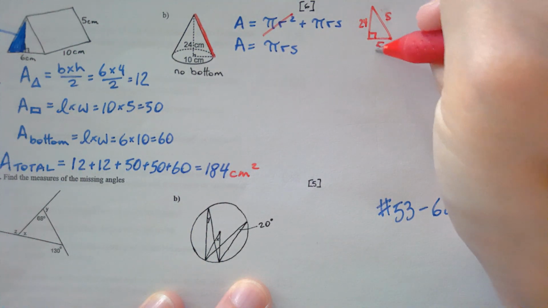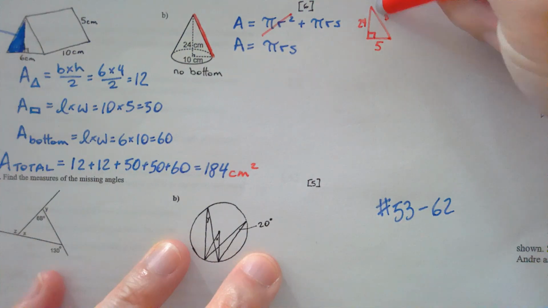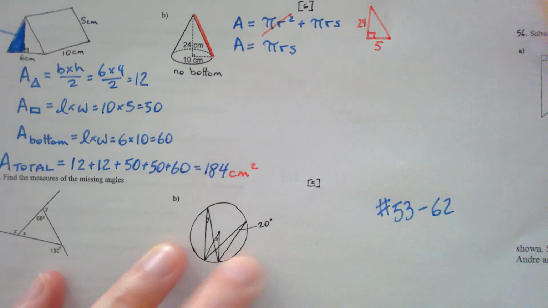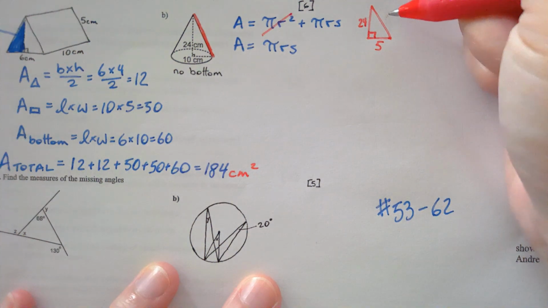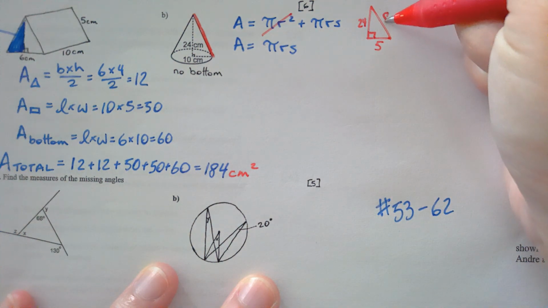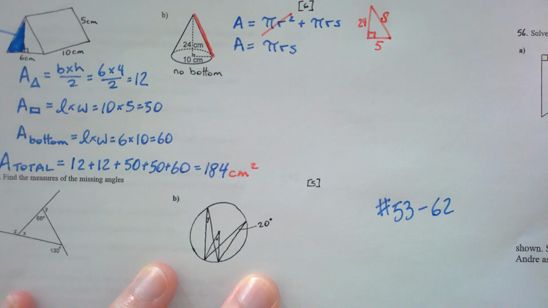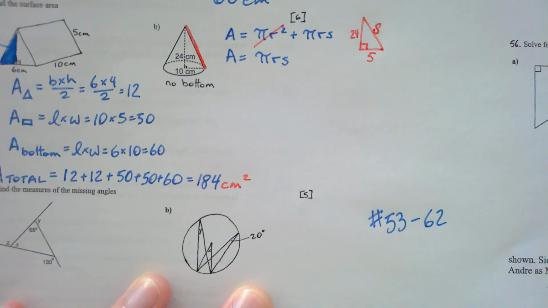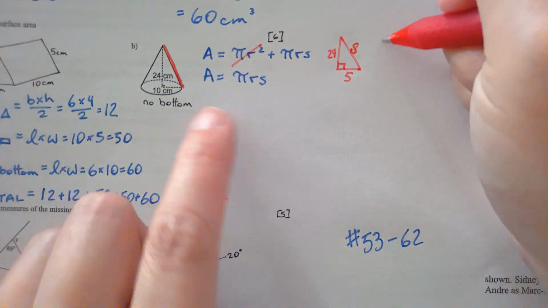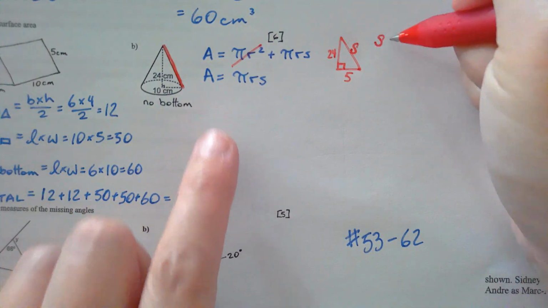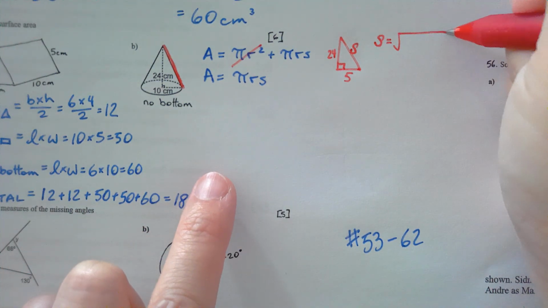Oh, actually, okay. Slanted height. The 5 and the S look very similar. Can you tell that's an S now? I want to make sure you don't think this is both 5s. Since I'm looking for the slanted height, that means I'm doing the adding one.